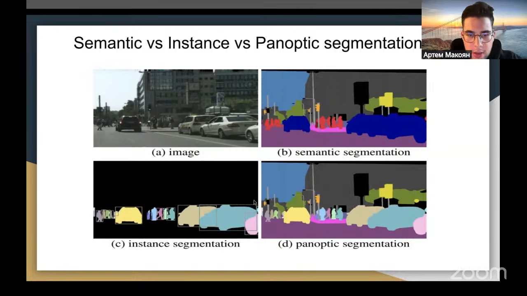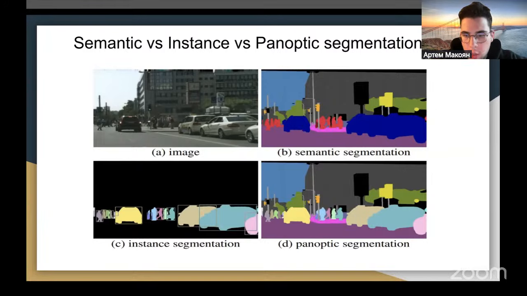And for this, we use instance segmentation, when we want to detect each object, not class of object, but instance. And now you can see that we can separate cars. Each pixel knows which instance it belongs to.